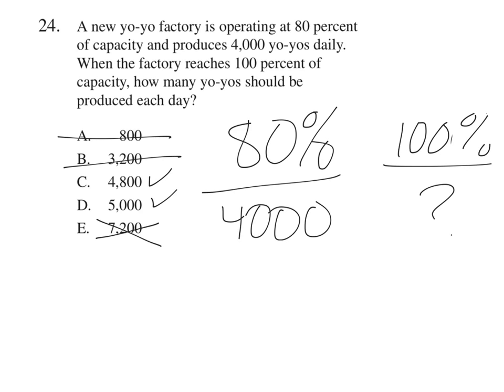If you know how to take 80% of a number, you could go through and just take 80% of each of these answer choices and see which one leaves you at 4,000. It turns out it is D. 80% of 5,000 is 4,000. So if you're a little bit familiar with percents, that's one way you might do it. And that's what the next video is going to talk about: how to try out each of the answer choices to see which one is right.